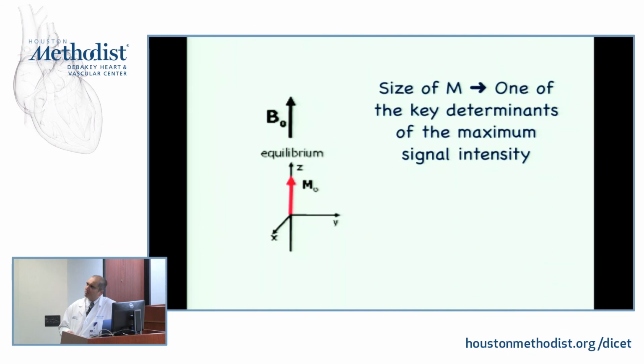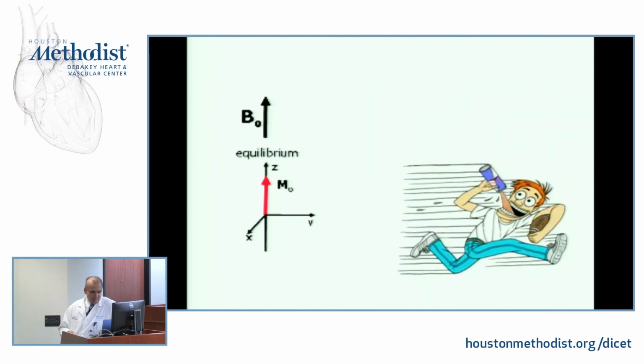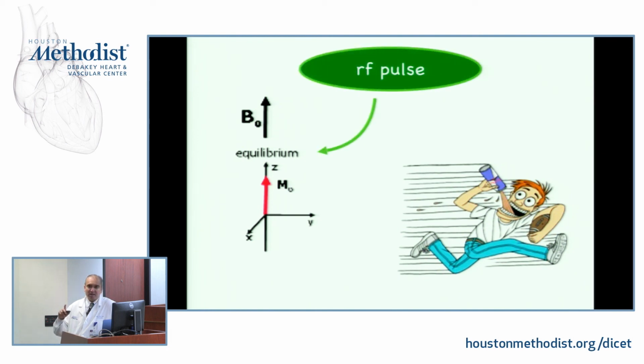Now, let's skip past this here, in the interest of time. The other important thing to keep in mind is that when we send in a radio frequency pulse, remember I said that there's the magnetic field and the RF pulses, radio frequency energy is transmitted in and is absorbed by the hydrogen nuclei, and as it's absorbed, it causes the nuclei to go from the upright state to a transverse state.